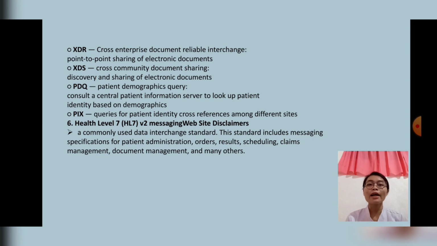Sixth is Health Level 7 Version 2 Messaging, a commonly used data interchange standard. These standards include messaging specifications for patient administration, orders, results, scheduling, claims management, document management, and many others.